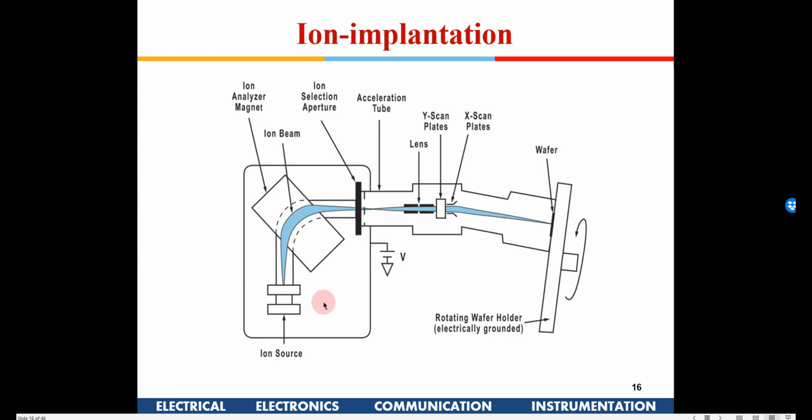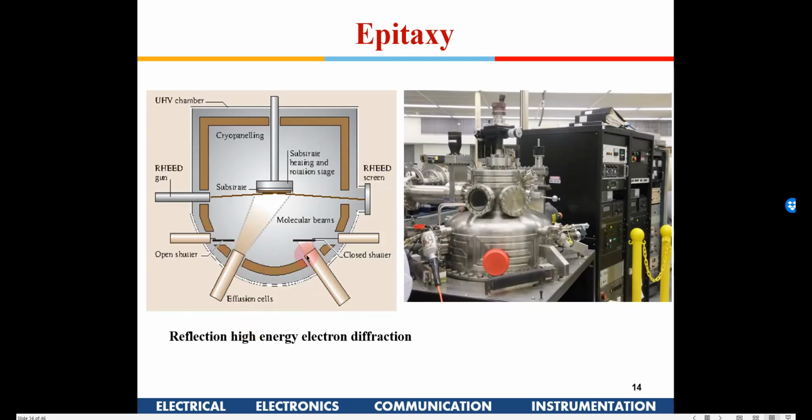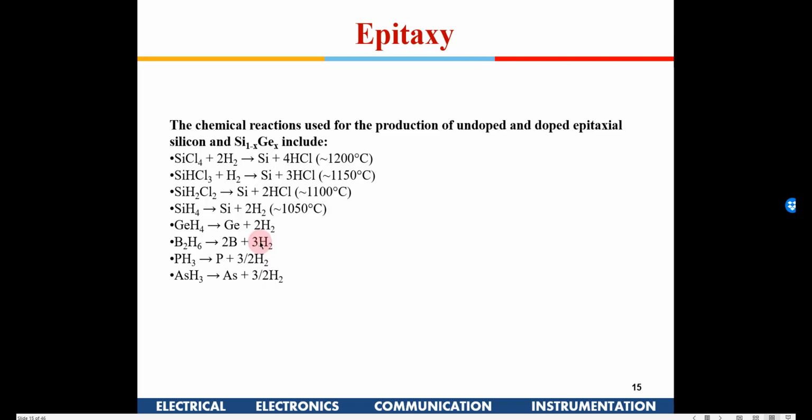So you have these several windows, and the required molecules, silicon, germanium, and say boron or phosphorus if you want, are projected onto the wafer. They react and create the epitaxial layer. That is known as epitaxial growth.